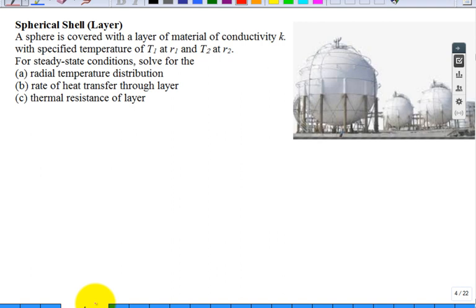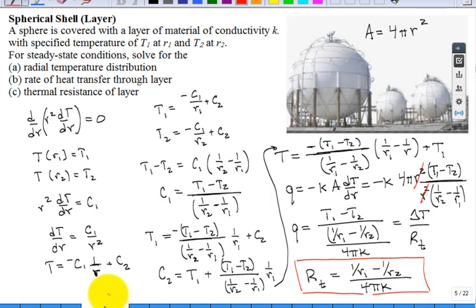Keep going. Do it for a spherical. What changed? All that changed was you had the 1 over r squared derivative of r squared times dT/dr. So that just cancels because you multiply it both sides and the other side is 0.